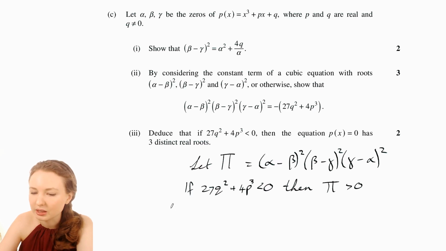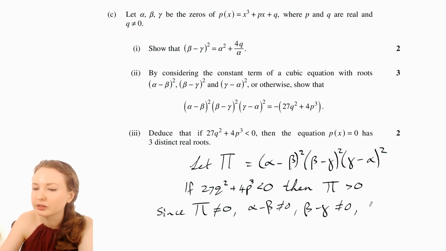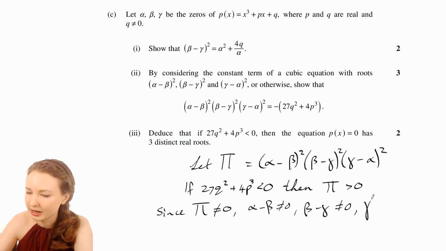We could say something like, since pi is not equal to 0, alpha minus beta can't be 0, and beta minus gamma can't be 0, and gamma minus alpha can't be 0.